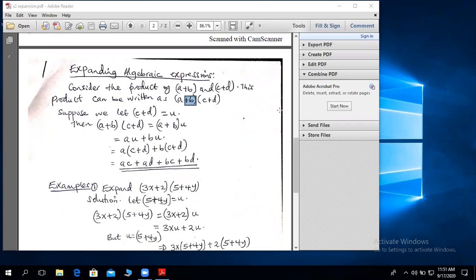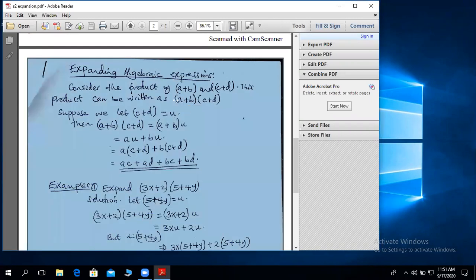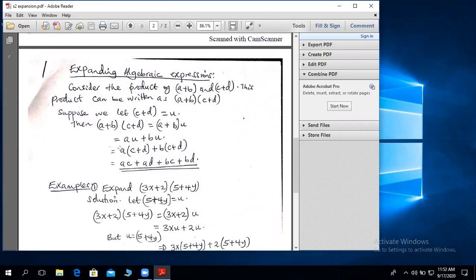Teacher, is it a must for you to use U? To use U? No, it is not a must. If you know how to expand directly, you can just start from here.